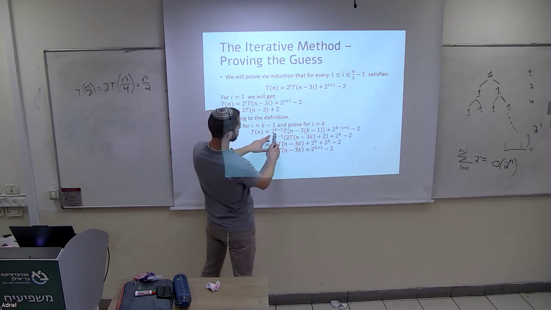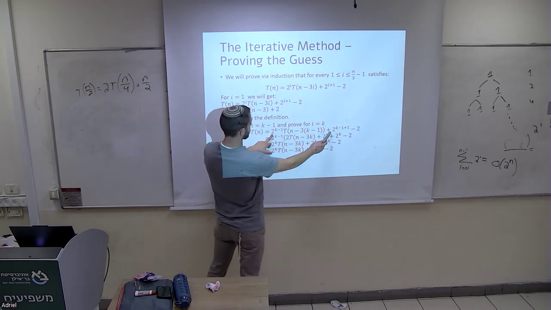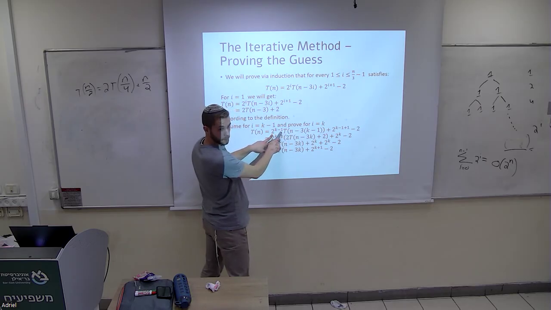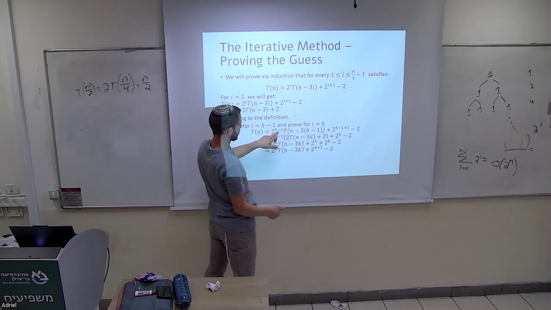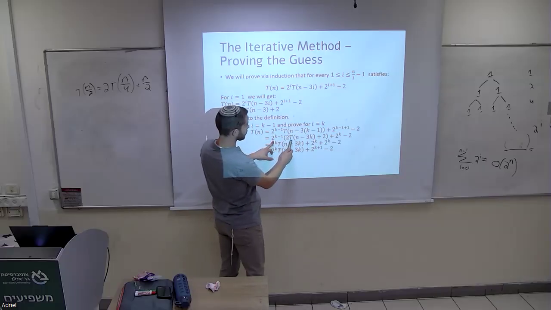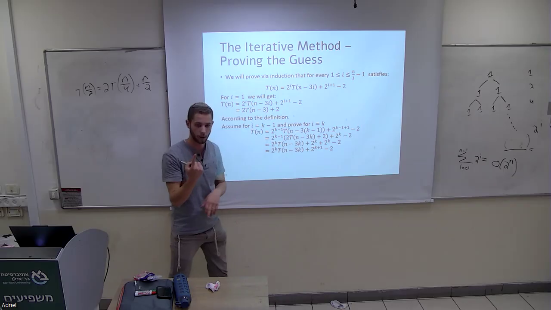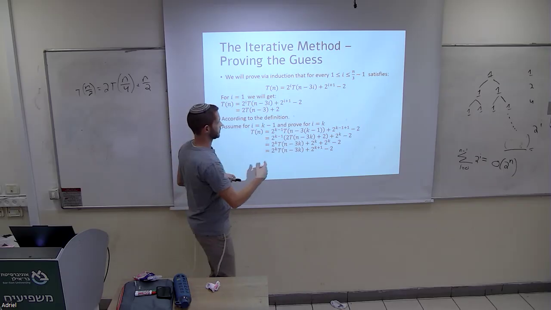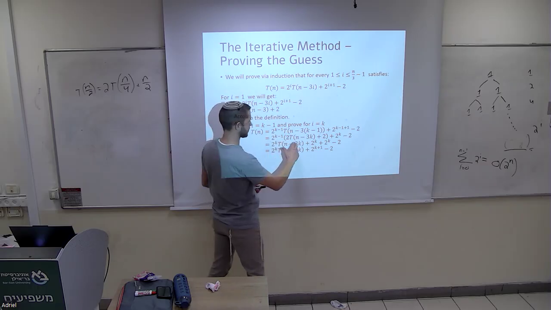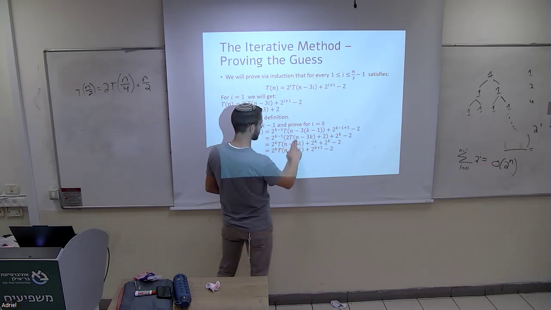So from here, this is just the induction hypothesis. We're assuming it for k minus 1, right? So we substituted it k minus 1 times, and this is what we get. Now we substitute it one more time. I'm not going to go over all the different opening parentheses because it's making me crazy.